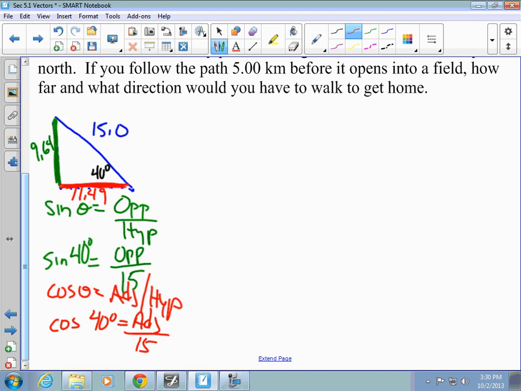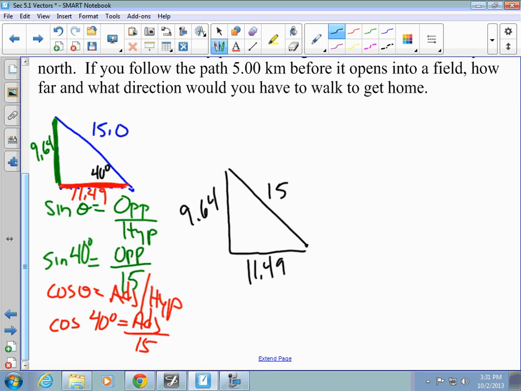So now we have discovered every side of our triangle. Our base triangle looks like 15 here, 9.64, and 11.49.